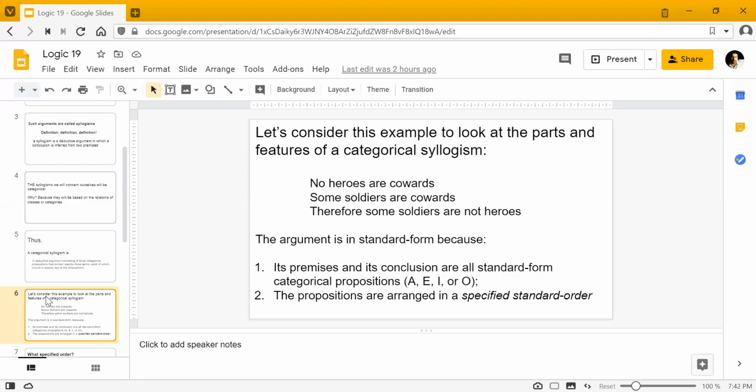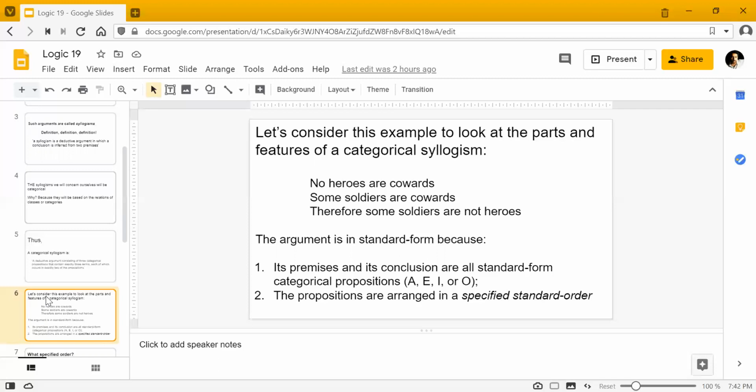We have premises and a conclusion, and all of these propositions are categorical, that is, they follow the same format that we talked about. They can fit either A, E, I, or O. For example, "No heroes are cowards" is which proposition? It's the E one. And you can figure out which ones the remaining two are.